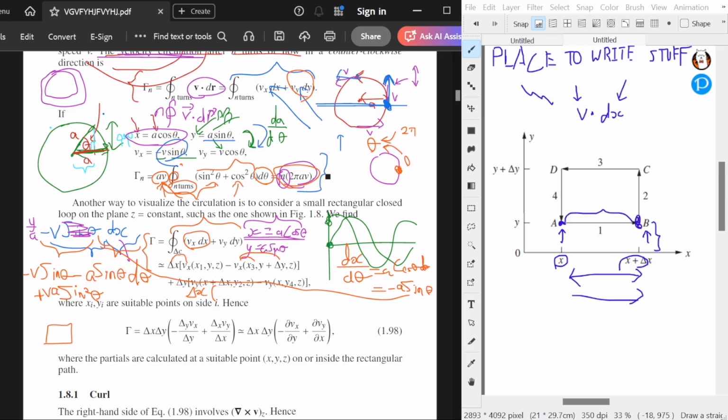So z is constant, we don't need to worry about that. X1, y, z. So y, yeah, this is just height. Delta x, this is the base, and this is the, hmm. Wait, I think it's v versus x, maybe?